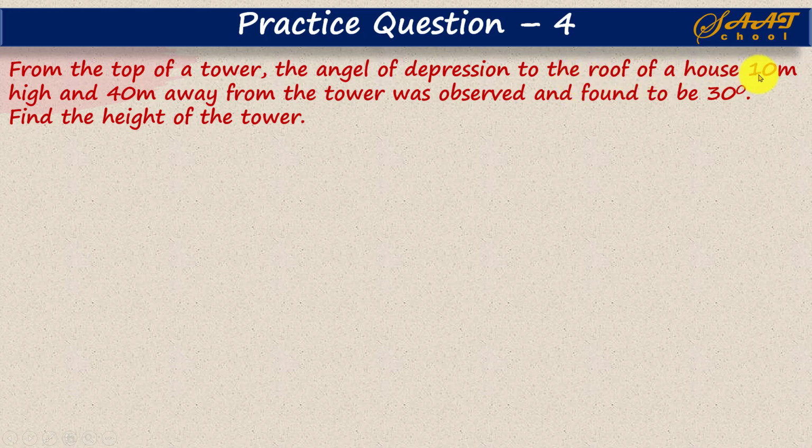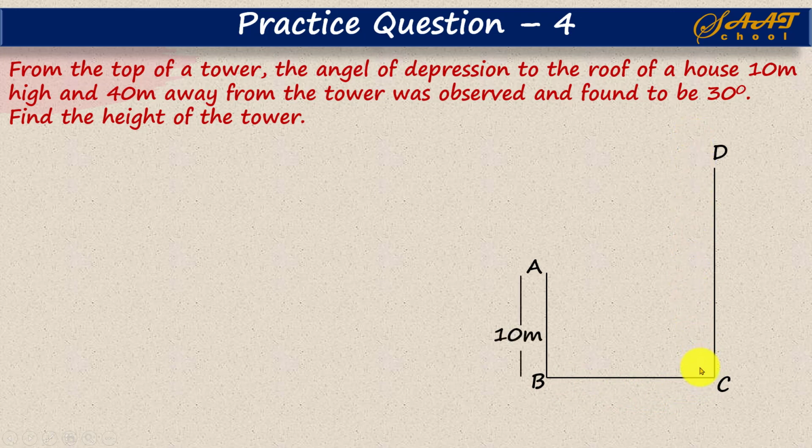The house is 10 meter in height, so this is the height of the house, and the house is 40 meter away from the tower. Let's suppose this is the house AB and the house is 40 meter away from the tower. So this BC is 40 meter and this CD is the tower.